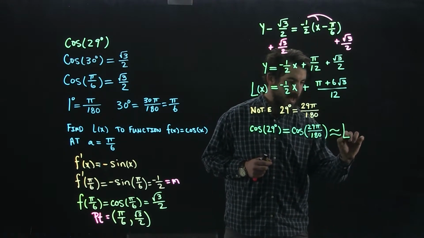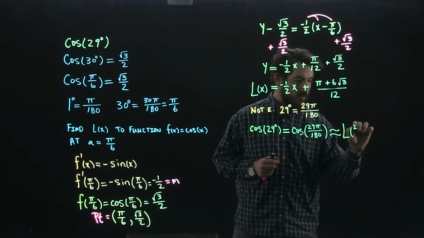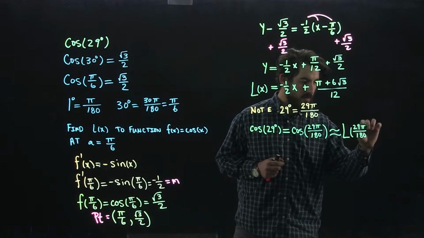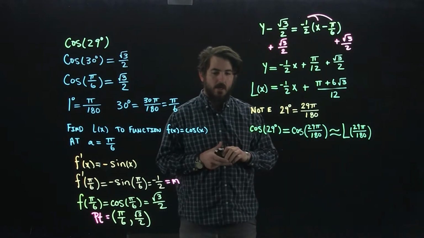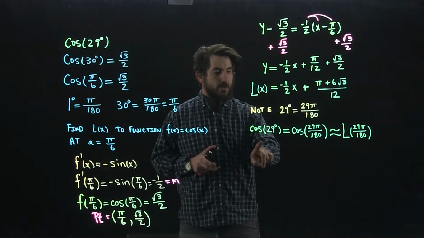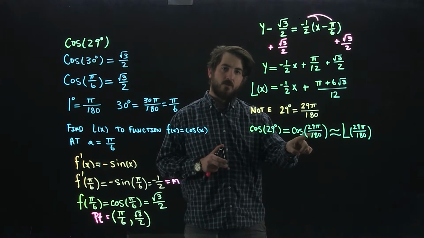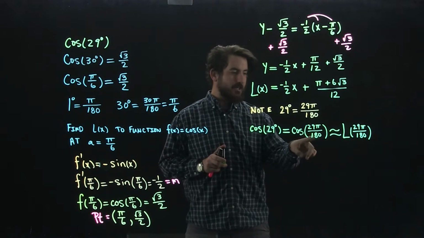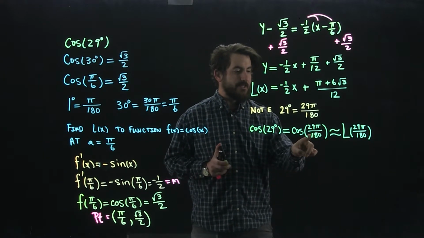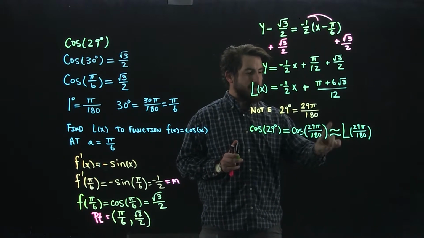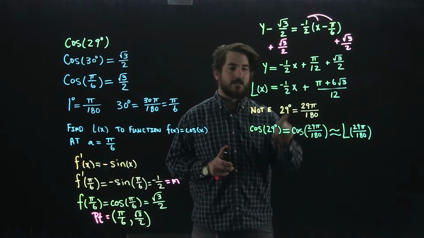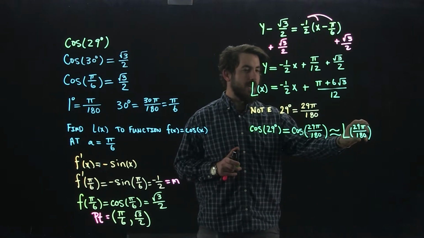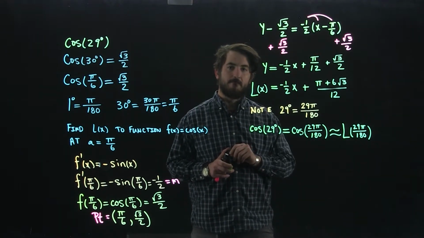Approximately L of 29 pi over 180. Okay, so cosine of 29 degrees equals cosine of 29 pi over 180. But using the linearization approximation, or the linear approximation, that is going to be approximately equal to this linearization function. Okay, so I'm going to put the 29 pi over 180 into this equation here.